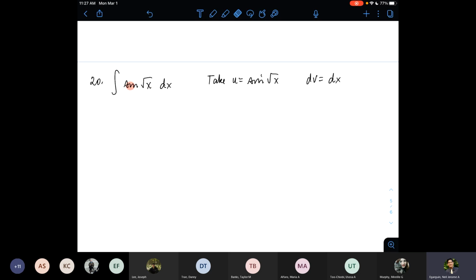So that's why I have root x over here, and then du will be a cosine of root x, then chain rule applies, 1 over 2 root x dx. And then here I'll have v is equal to x, okay?